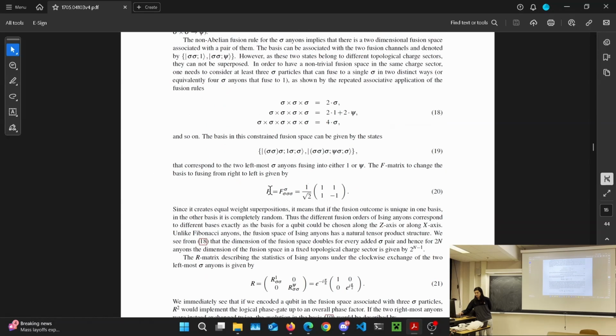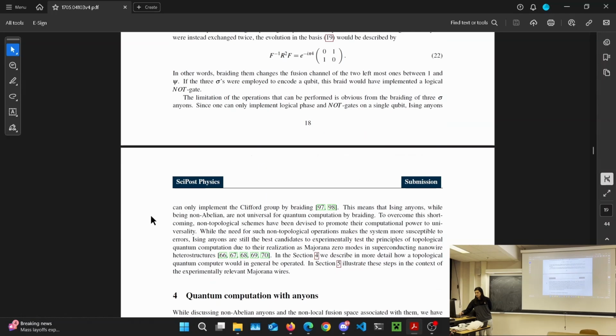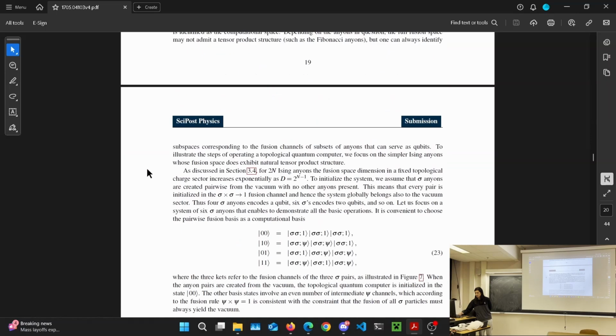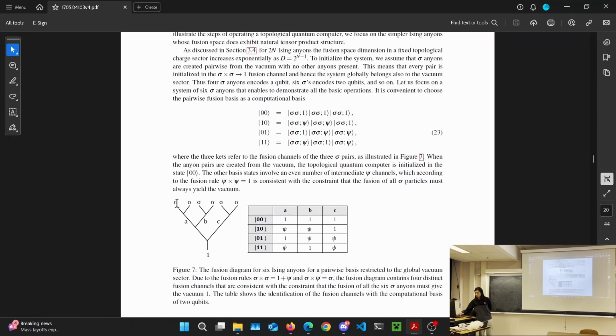And so the F matrix is for changing basis, the R matrix is for exchanging or braiding. And then for Ising, if the two anyons fuse into one, and this one fuses into one, this fuses into one, and all of them fuse into one, then it's 0, 0.